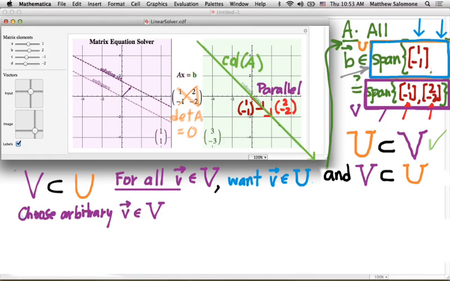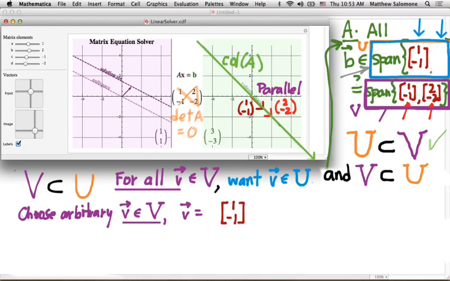So because v belongs to capital V, by definition, v is a linear combination of those two columns, or those two vectors, right? Because we've lost our matrix here.